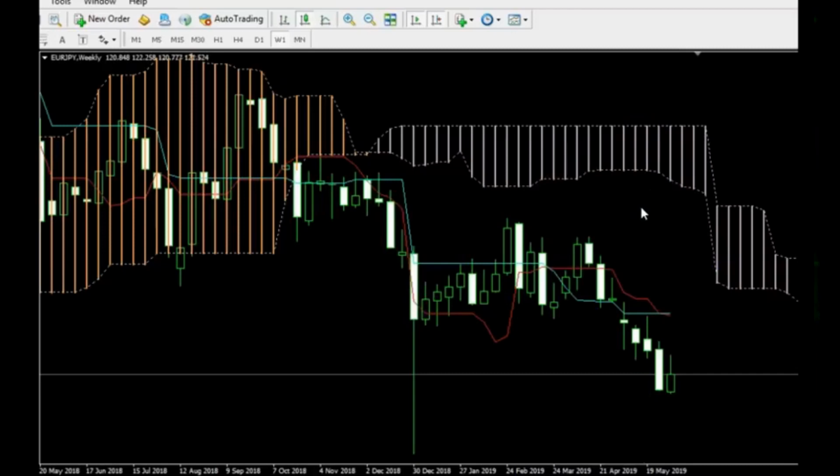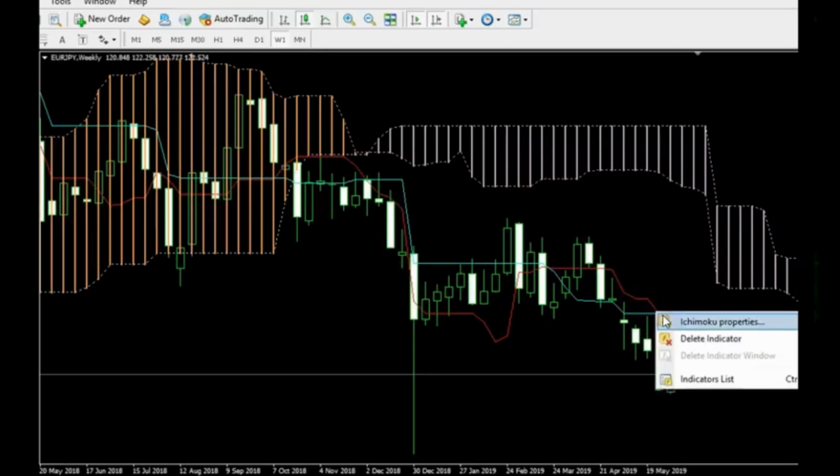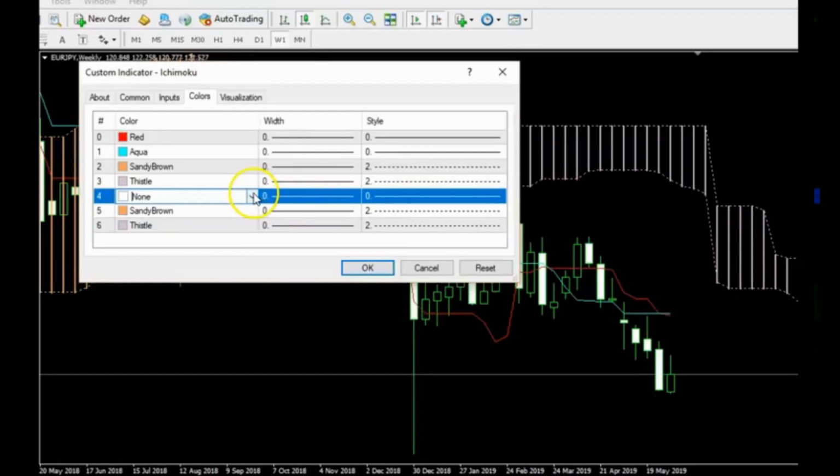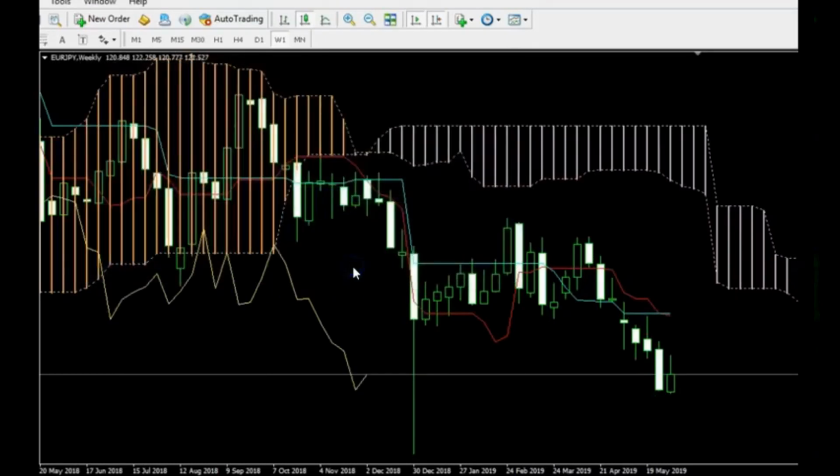Now, if we wanted to add one more layer of discipline and security onto our trading, we can go ahead and add the Chikou span here if we wanted to. So we'll go ahead and make it yellow, nice and bright, and just add it on.